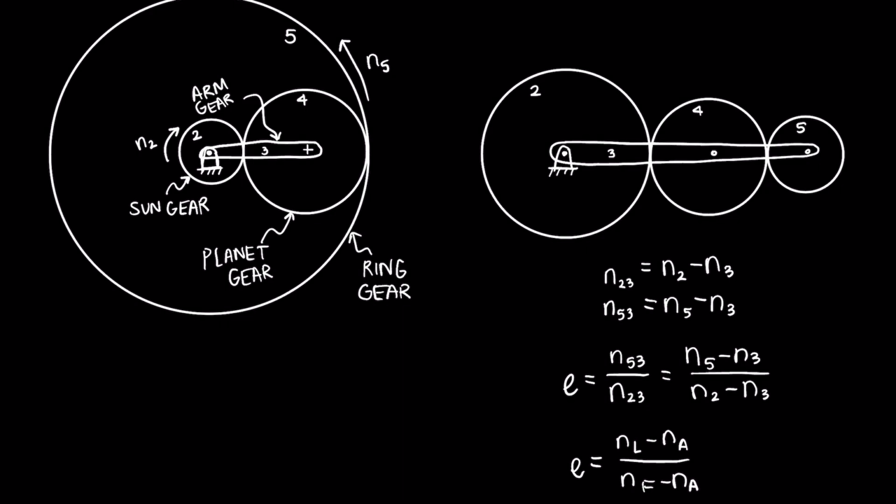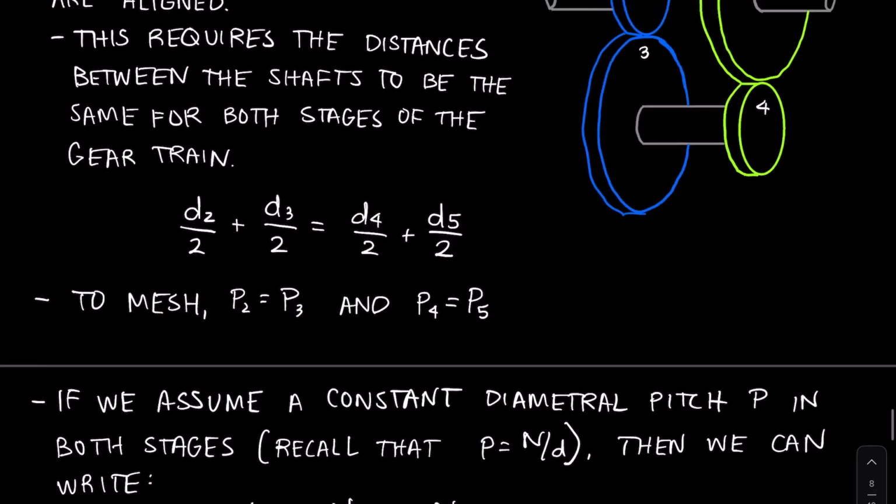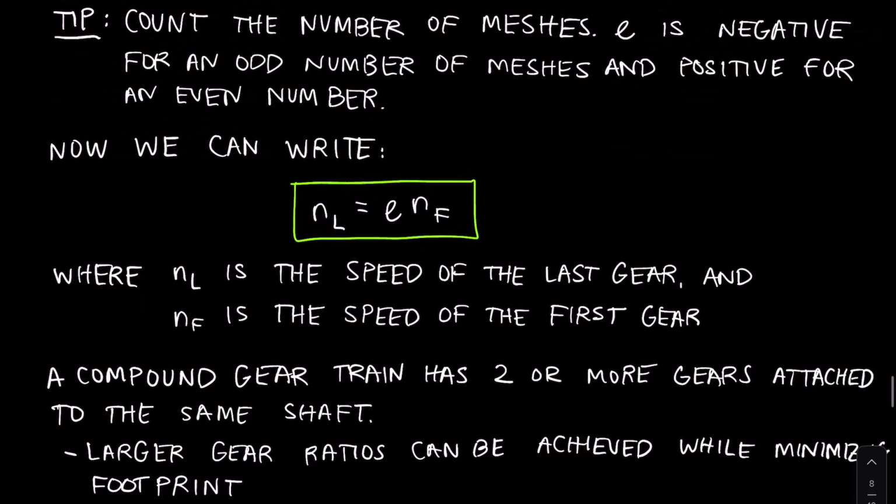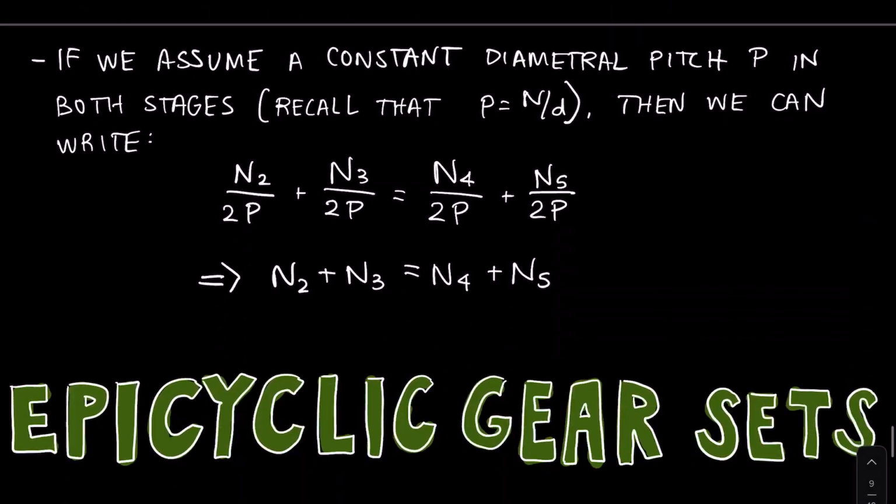And if I were to fix the arm, hold the arm in place, then you can see that the speed of the arm would just be 0, right? If I'm holding the arm in place, the speed of that arm is 0. And this equation becomes the same as the equation we had for the train value up here, where the speed of the last is equal to the train value times the speed of the first.